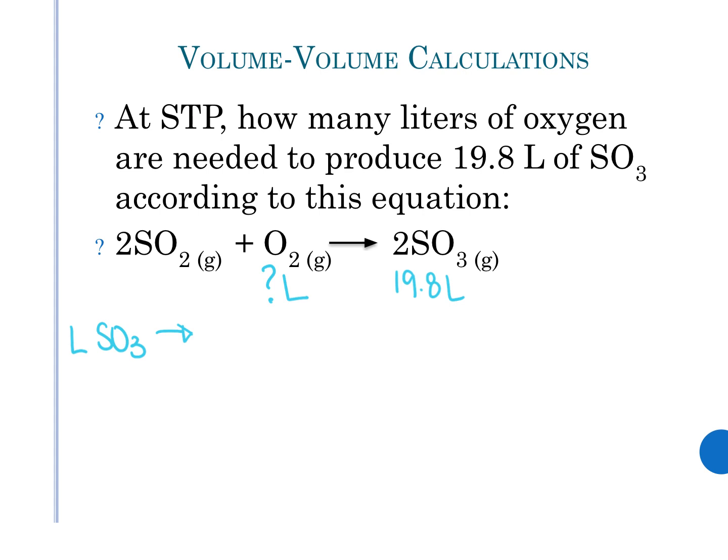Moles. Okay. So we have to go from liters of SO3 to moles of SO3. Then what unit can you convert to? Okay, moles of oxygen. And then finally, what unit does your answer need to be in? Liters.